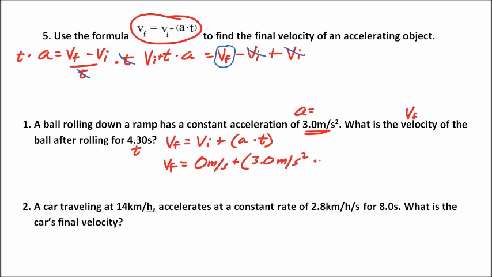And we're going to multiply that by the time. And the time is 4.30 seconds. And when we work this out, we're going to have a final velocity of 12.9 meters per second.